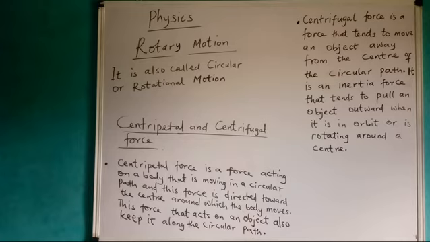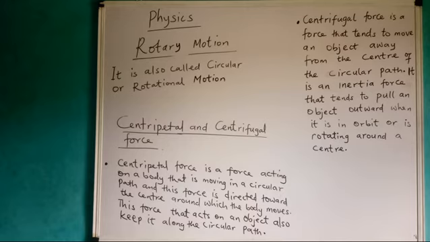The centripetal acceleration is directed toward the center around which the body moves. You can see that this centripetal force is the force that keeps the body along the circular path. It makes the body remain along this circular path of movement. It keeps the body firm along this path.